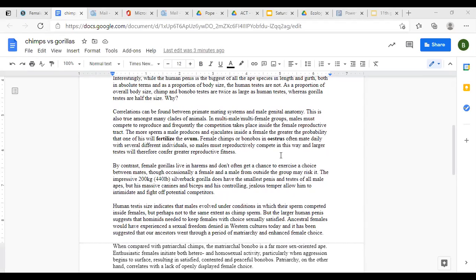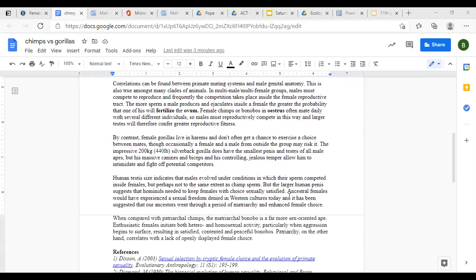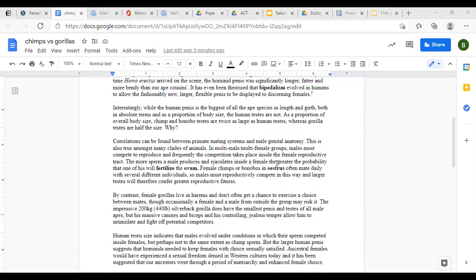Let's see. Yeah, here it is. Then we're talking about the testes itself. And these testes in chimps are monstrous. They're huge. Their testicles are really big.